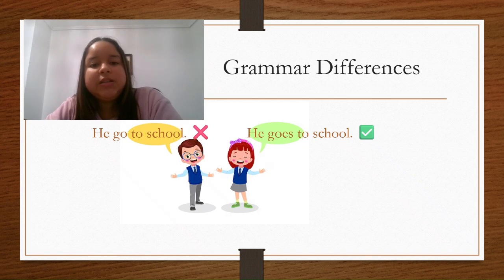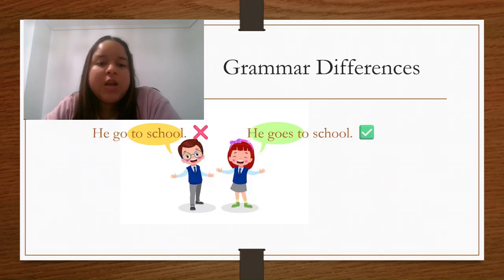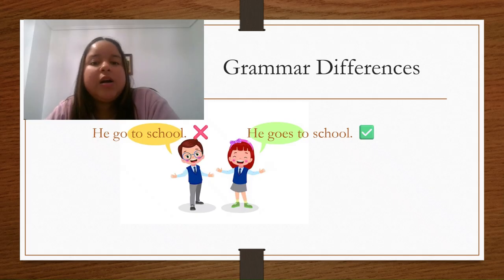This may sound like a mistake, but in some dialects, that's normal and accepted. It shows that dialects are not wrong, they just follow different rules. So dialects also change grammar structure, not just pronunciation or vocabulary.